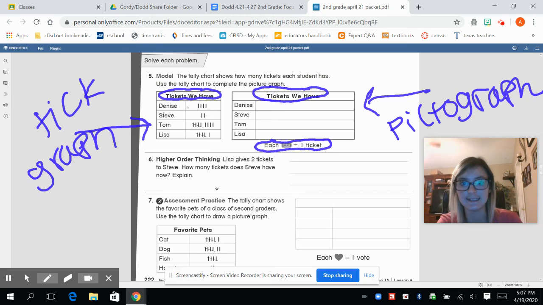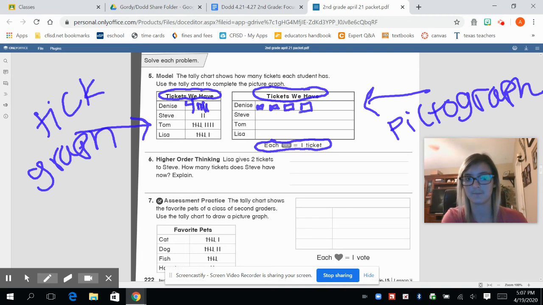So let's start with these. Each of these little lines is 1. So 1, 2, 3, 4. So that's 4. Let's put a 4 there. And we are going to draw the tickets over here. 1, 2, 3, 4.